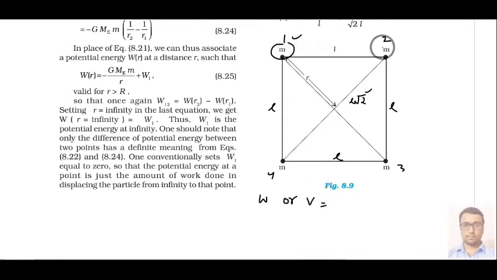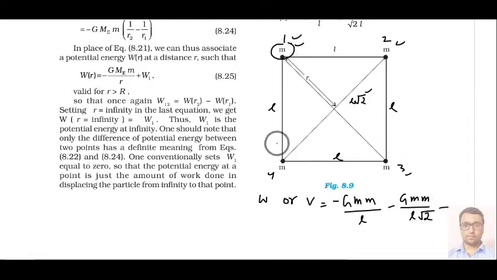Between the first particle and the second particle, the potential energy will be negative of G m1 m2 upon R, that is L. Similarly, between first and third, the potential energy will be minus G m into m upon R, and that R will be L root 2.